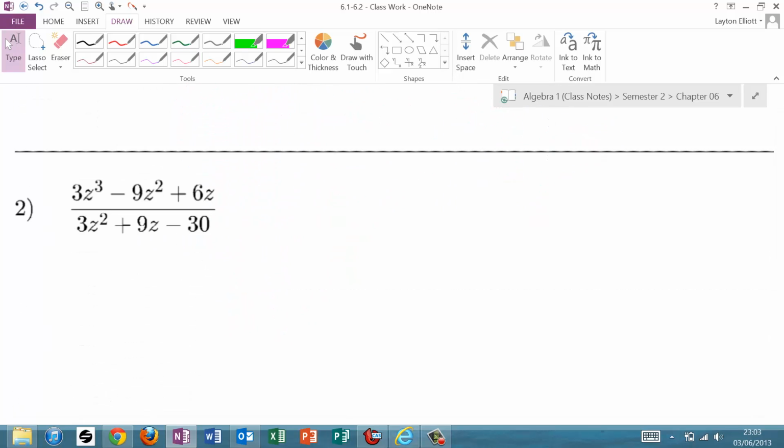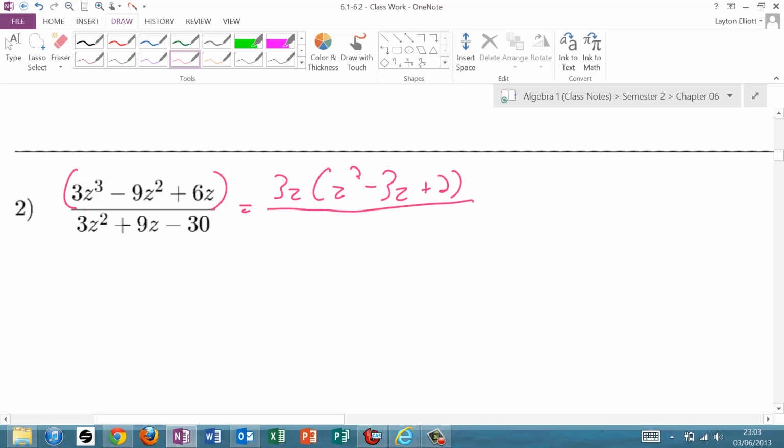Number 2, GCF first. Grouping symbols, we're going to pull out a 3z, and I'm going to end up with z squared minus 3z plus 2 over GCF first, and I'm going to pull out a 3, I'm going to end up with z squared plus 3z minus 10.